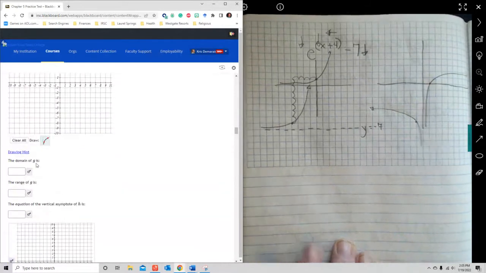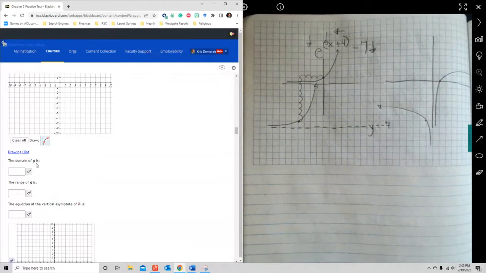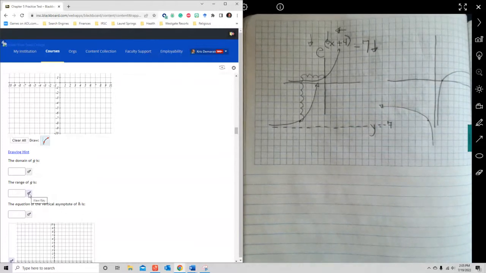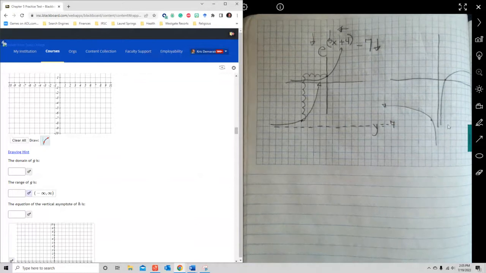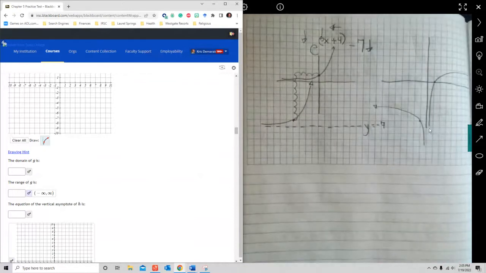Now, the domain of a logarithmic function is restricted. The range is not. This one's going to be negative infinity, positive infinity for the range. All right. Now, the domain, however, is restricted based off of the fact that it has a vertical asymptote at where x equals 0. So it's going to be from negative infinity all the way up to that critical component.